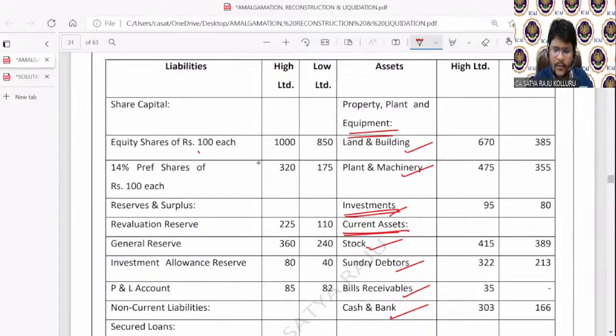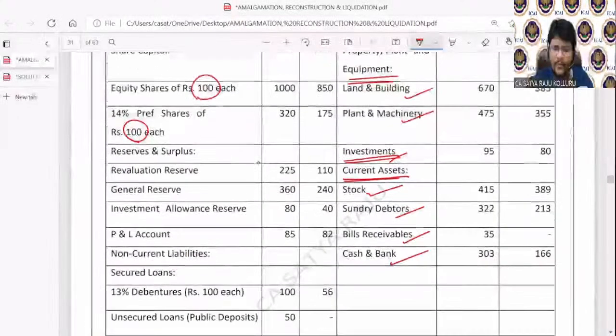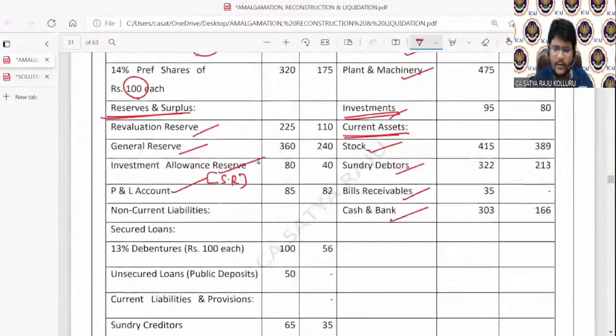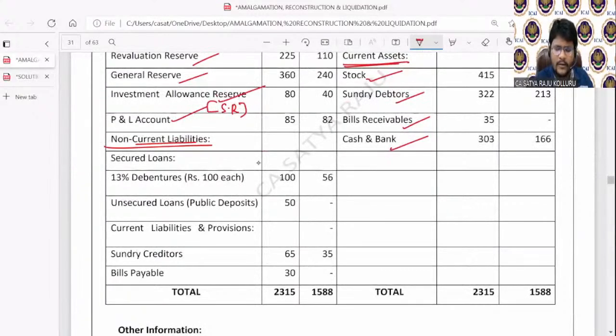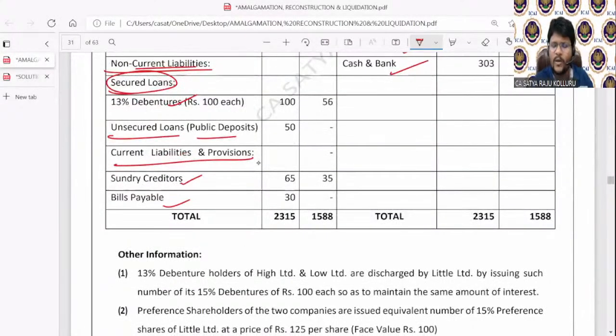Under share capital, equity shares of face value 100 and 14% preference shares of 100 rupees face value. Under reserves and surplus, revaluation reserve, general reserve, investment allowance reserve, and profit and loss account are given. Investment allowance reserve is a statutory reserve. Under non-current liabilities, secured loans, 13% debentures, and unsecured loans, public deposits, are given. Under current liabilities and provisions, sundry creditors and bills payable are given. So this is the full-fledged balance sheet.